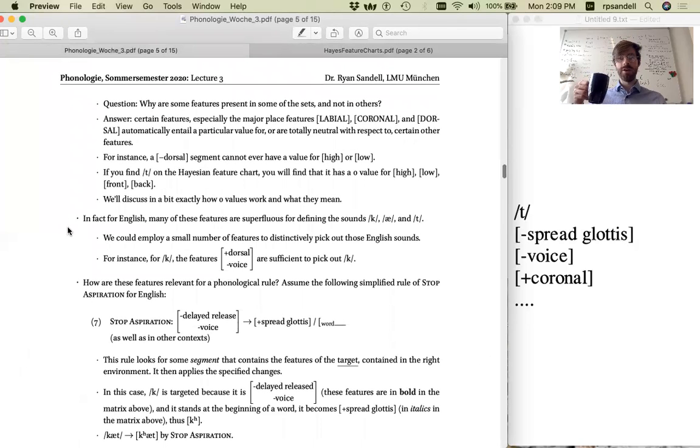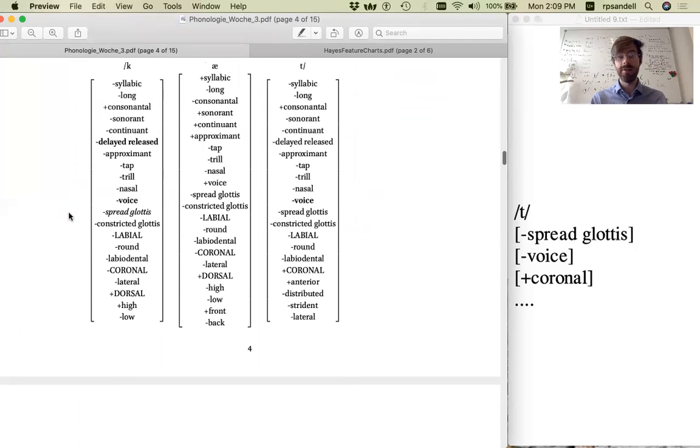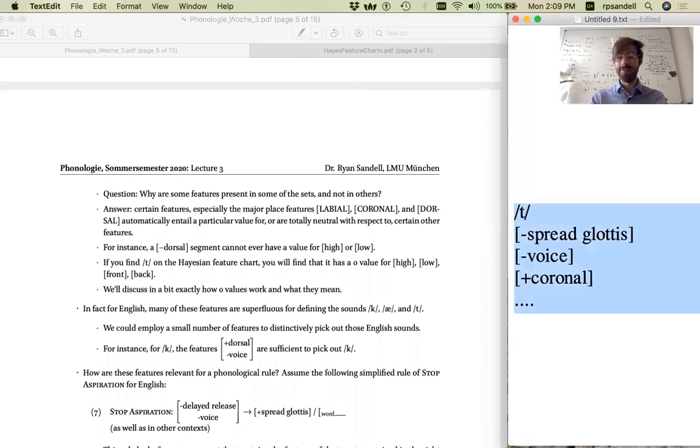And we'll talk a little bit more about what relevance 0 values end up having in writing phonological rules later on. Now, in English, for instance, a lot of the features that we've given here as part of the definition of these sounds are not needed for the purpose of identifying those sounds, just trying to build natural classes of single sounds.